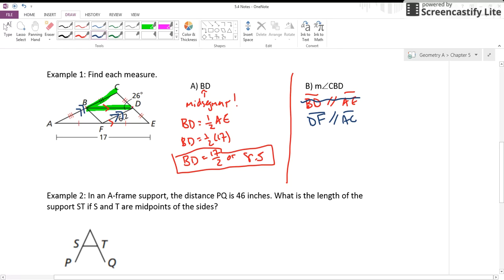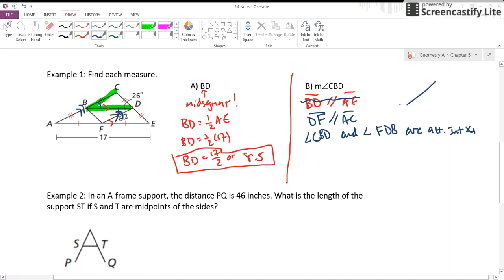These lines being parallel, what does that show me? Wait, I've got two lines cut by a transversal. I've got alternate interior angles. So we can see that angle CBD and angle FDB are alternate interior angles. It's hard to see because I've marked up that diagram so much, so what you could do is pull out those key pieces.